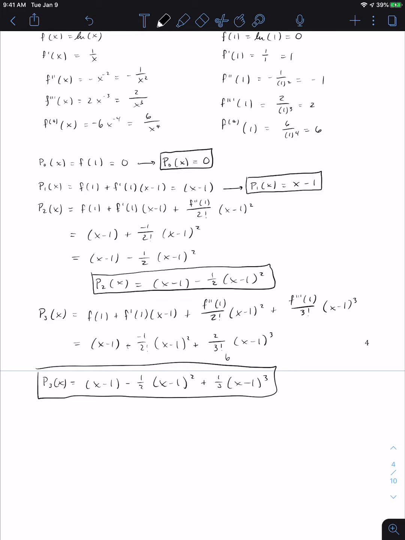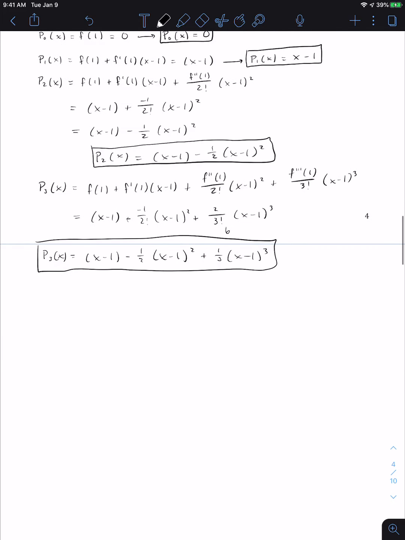And finally, I wanted p sub 4 of x. So p sub 4 of x is equal to f of 1 plus f prime of 1 x minus 1 plus f double prime of 1 over 2 factorial x minus 1 squared plus f triple prime at 1 over 3 factorial x minus 1 cubed plus, finally, the fourth derivative of f at 1 over 4 factorial x minus 1 to the 4th power.